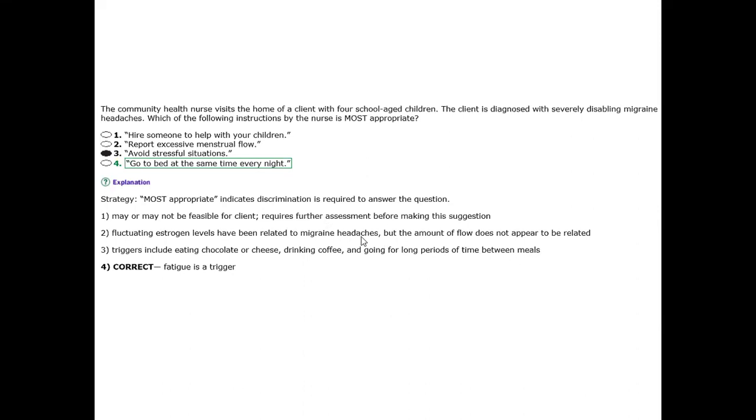So if the child has a simple migraine, tension migraine, or cluster migraine, it is better to stop the trigger, like not eating chocolate or cheese, not drinking coffee, and also better to avoid fatigue.